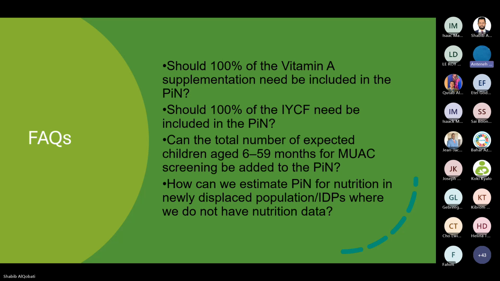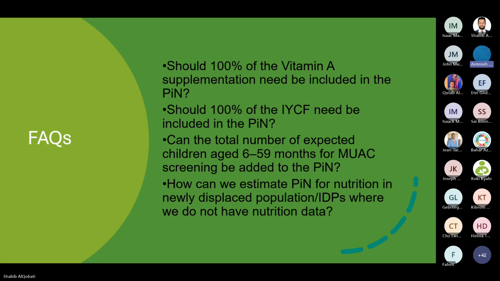And also, there is no guarantee that we are not, with MUAC screening, one child could be screened twice or thrice, who knows? So counting the number of MUAC screenings is a complicated task. And adding the MUAC screening, to some extent, overestimates the PIN.